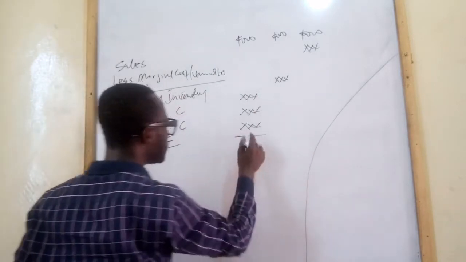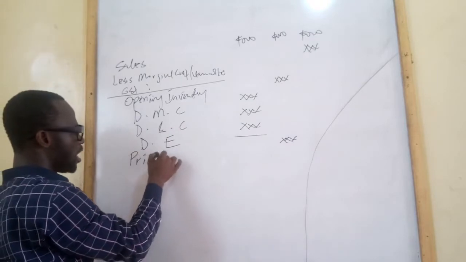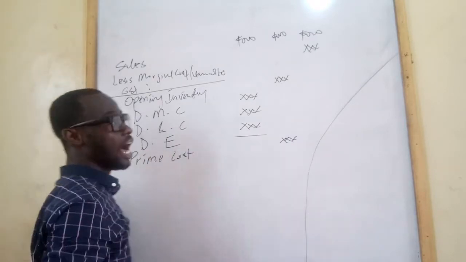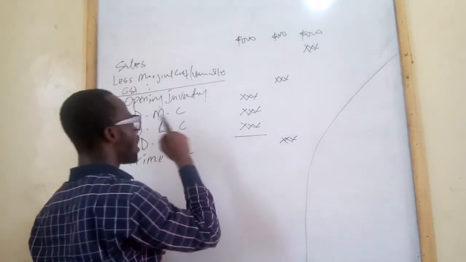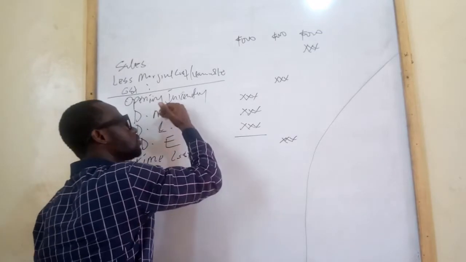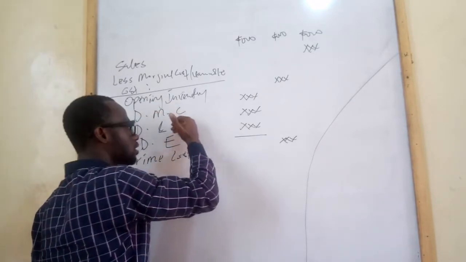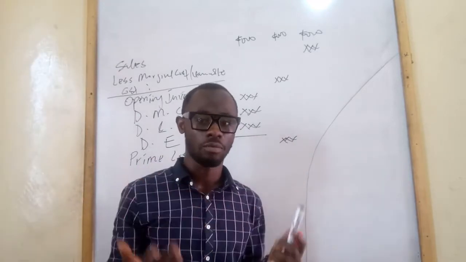Now, when I add these 3, it gives me the prime cost. Remember that when we add all direct costs, we get prime cost. Now, after getting the prime cost, remember, this direct material, this direct labor, these direct expenses are all variable costs. They are all variable costs.